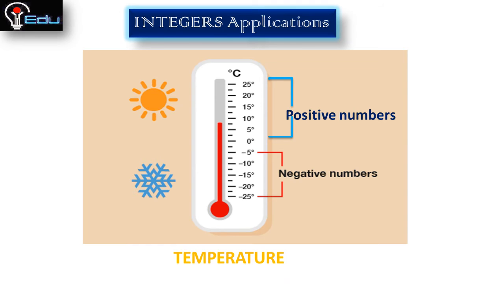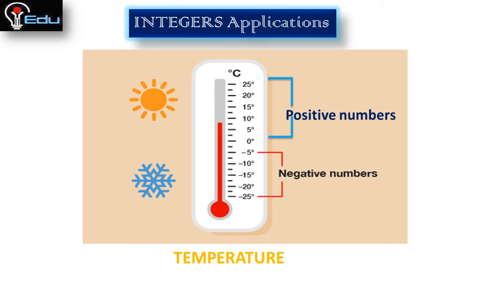This is one main application of integers: temperature. Temperature means we have both positive and negative numbers. So 0 is the freezing point temperature, negative numbers mean below the freezing point, and positive numbers mean above the freezing point.